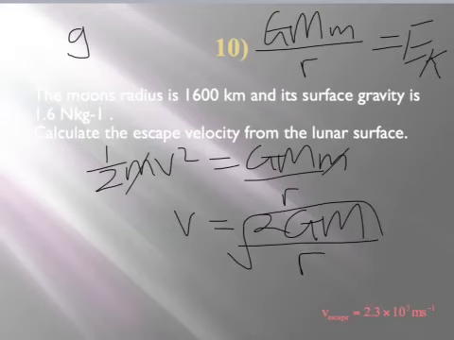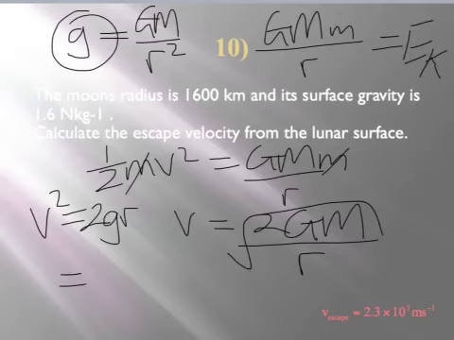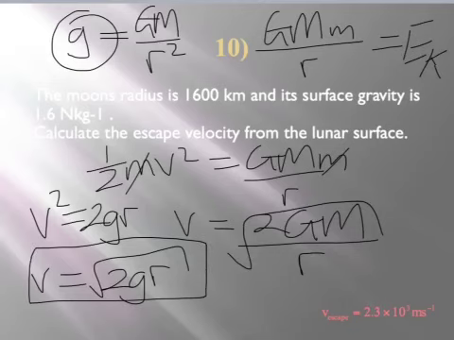Now, that's not in terms of small g, but to get it in terms of small g, we simply recall that the equation is that one, g equals GM over r squared. And so looking at this carefully, hopefully you can see that v squared is 2 times g times r, and therefore v is the square root of 2gr. That's the expression you want to use for this question.